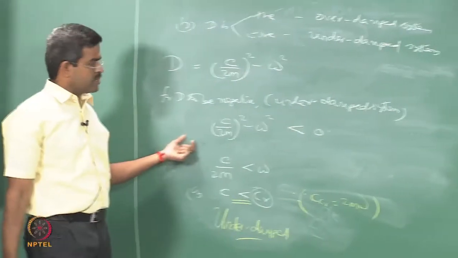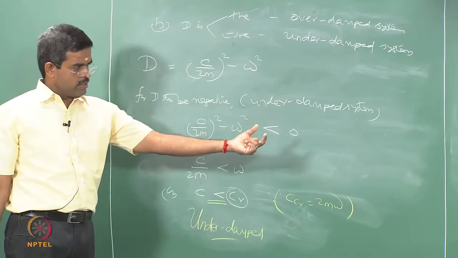This 1 by 4 factor outside, we can remove that and introduce it here in the multiplier.